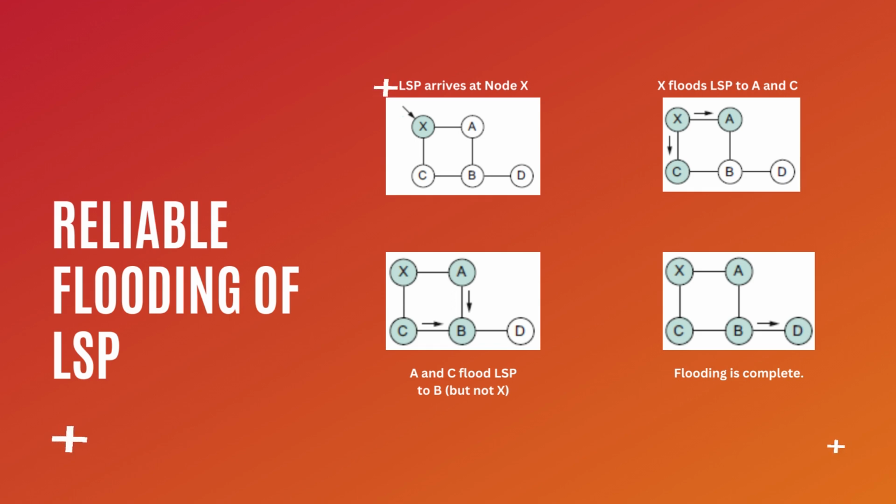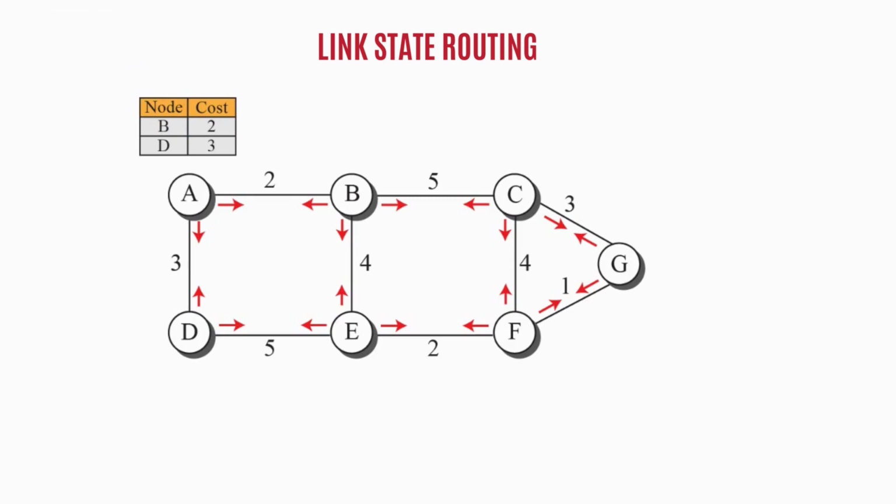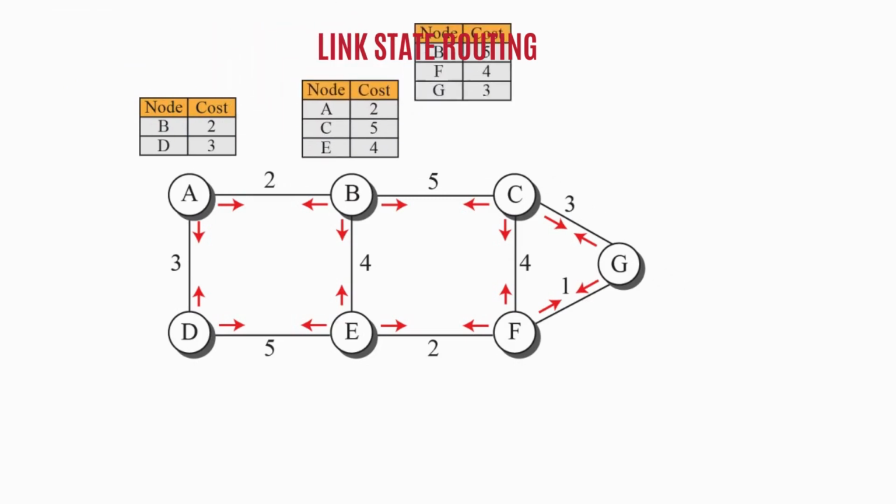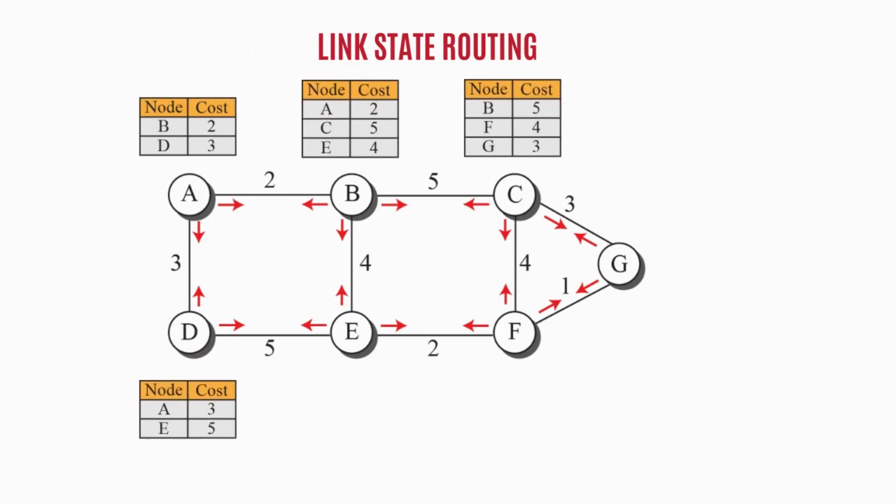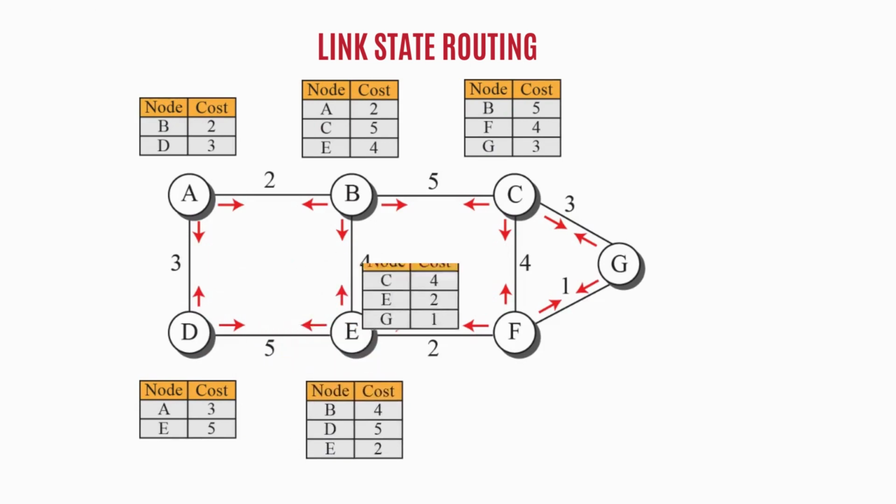So it overwrites the existing link state packet and uses that. In case the sequence number of the received link state packet is lower than that of the link state packet it already has, then it simply discards the newly arrived packet with the lower sequence number, considering that to be outdated information about the network. In this way, the link state packet gets flooded into the network reliably. And now we learn how the route calculation is made.